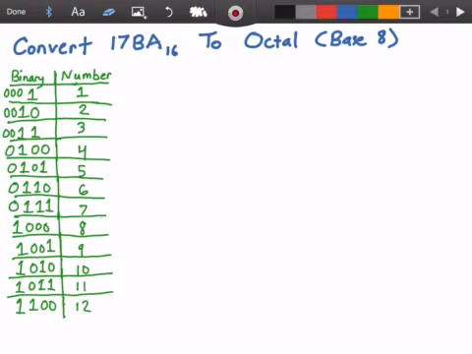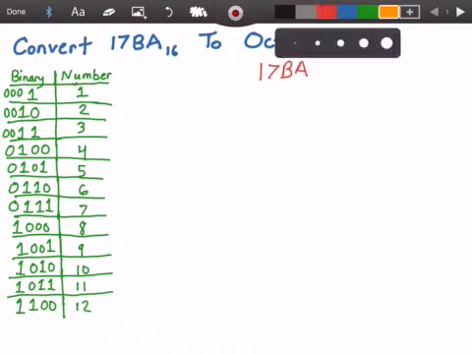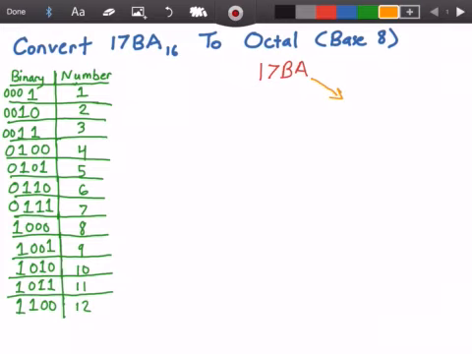Okay, so let's get started by first writing our hexadecimal number, 17BA. Like I said, we're going to take this number and convert it first to binary, starting with the letter A. A represents the number 10 in hexadecimal.